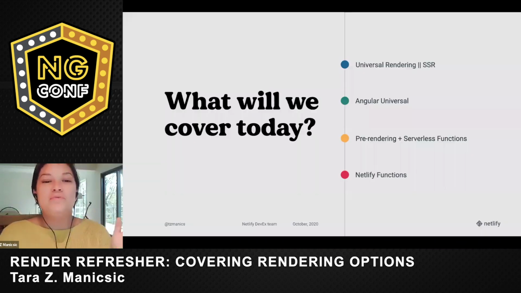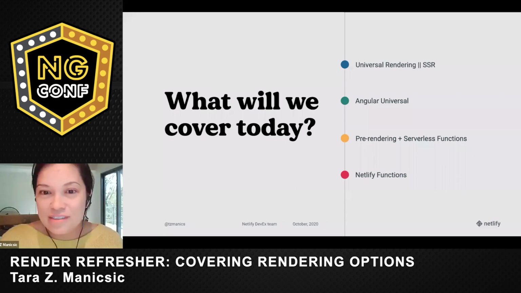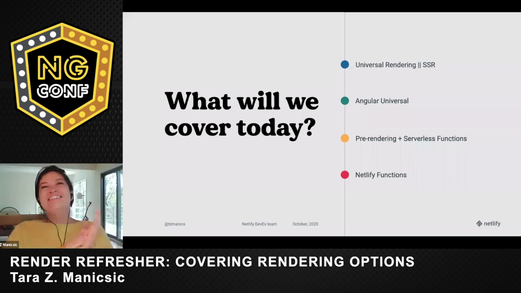But I want to jump into what we're going to be covering today. Let me get these Zoom controls out of my way. There we go. So first, I just want to talk about these different rendering options, talk about rendering in general. We're going to be talking about universal rendering and statics, or SSR.